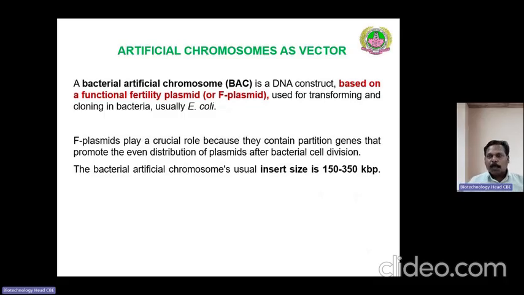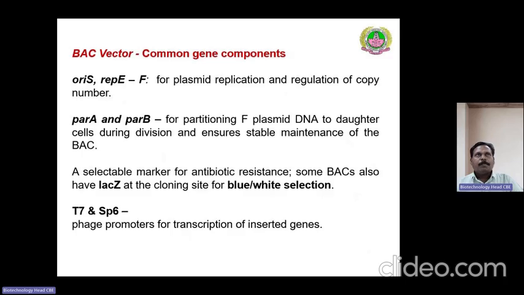So these F plasmids play a crucial role because they contain genes for partitioning that promote even distribution of the plasmids after binary fission or bacterial cell division. So the bacterial artificial chromosome, BAC vector, has an insert carrying capacity of about 150 to 350 kilobase pairs. That's a larger size of insert that can potentially be used for cloning larger genomic fragments and constructing genomic DNA libraries.